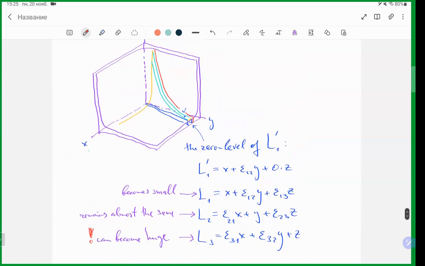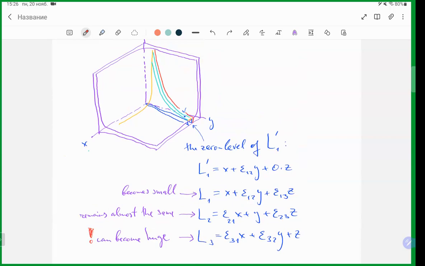And this will ruin everything. So we assume that we have made this form small, right? This is approximately the same, but this form became huge and it neutralized the property of this form to be small, right?